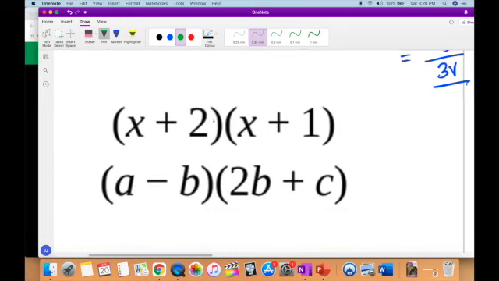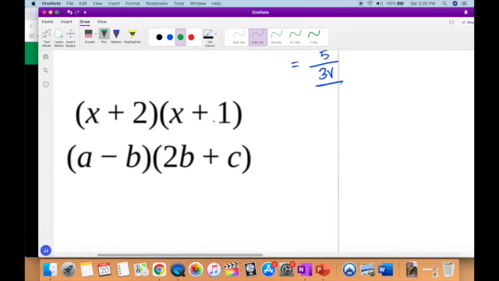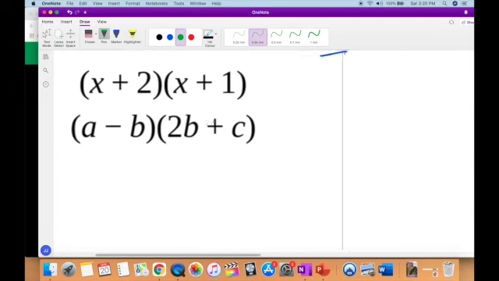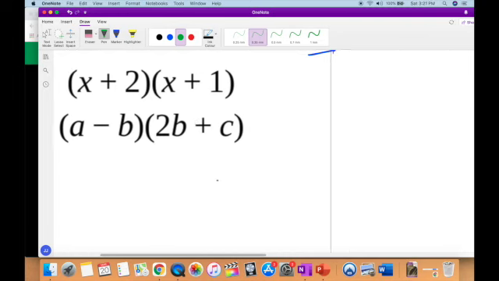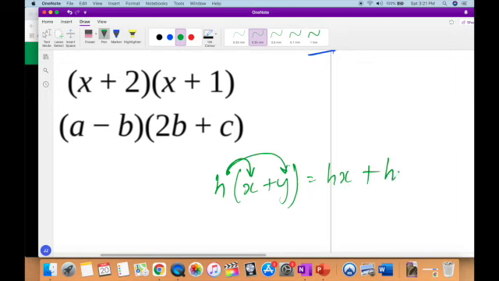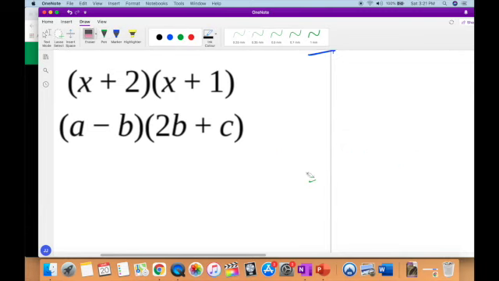Now we have some distributive law ones, right? And we saw in the last class that if I had h into (x plus y), all I need to do is take this outside and multiply it by that, so it would be hx plus, multiply it by that, hy, right? Same thing here, yeah? I could just imagine this as being one big blob of a number.